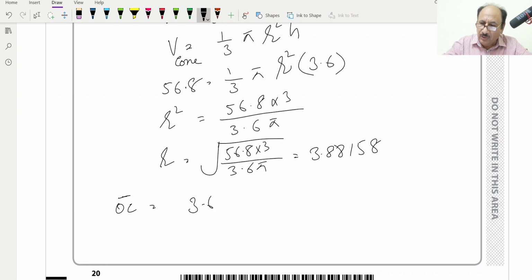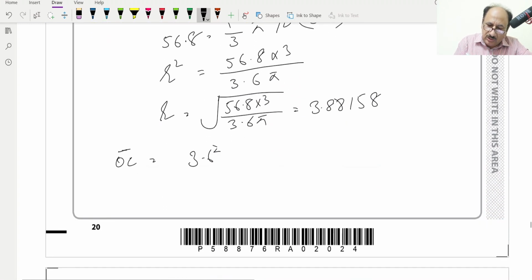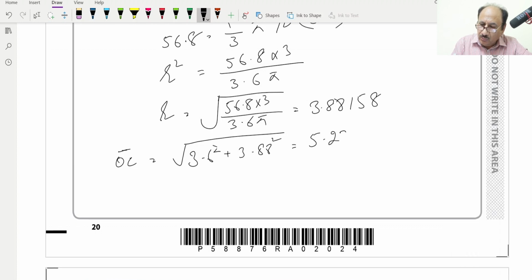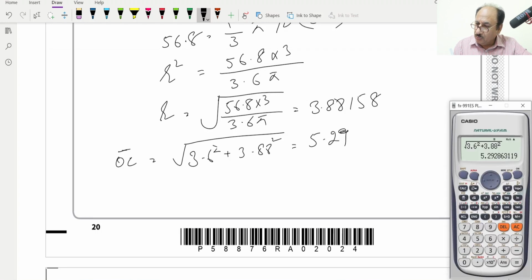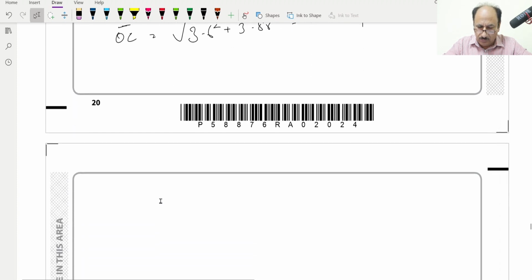So one side is 3.6 and the other side is 3.88. So OC is the square root of 3.6 squared plus 3.88 squared, and this is equal to 5.2928. Now we got the length of this one, OC.